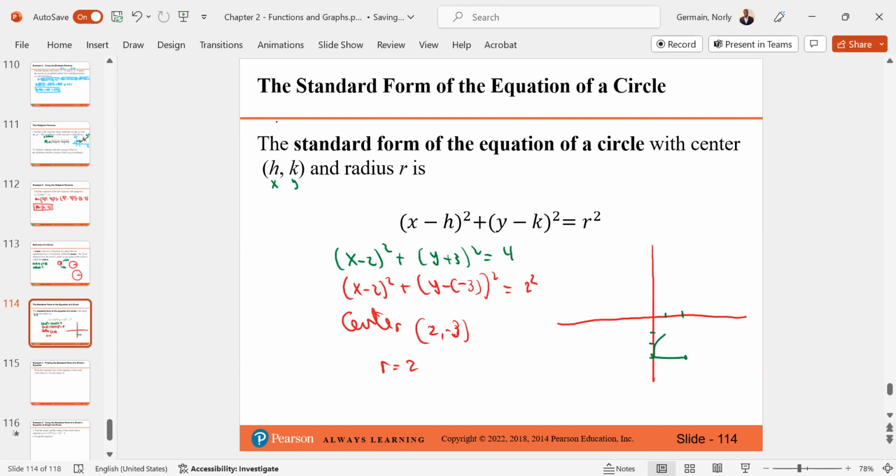So we can graph it, okay, it falls in the fourth quadrant. I'm not going to simply graph for fun. I need to know what the center and the radius are and where exactly it falls. That's important when you graph something. Now, standard form of the equation of a circle.